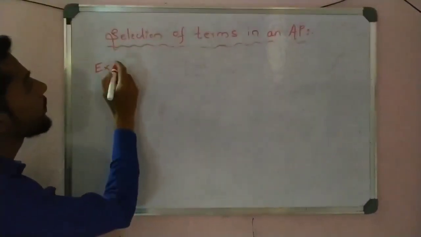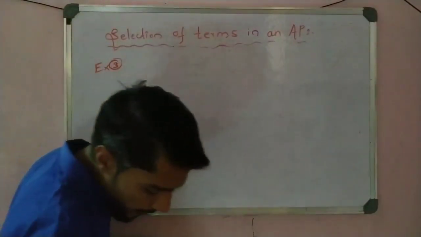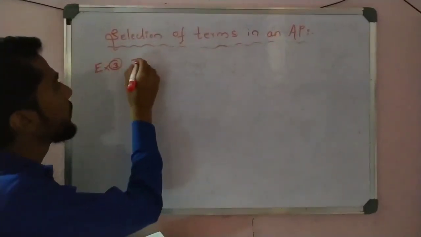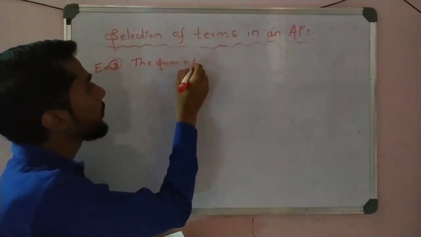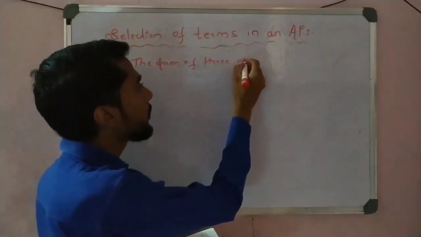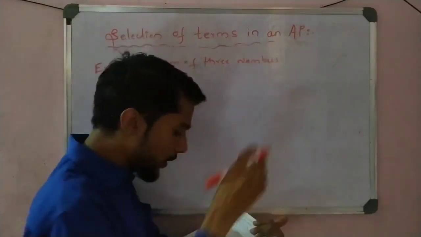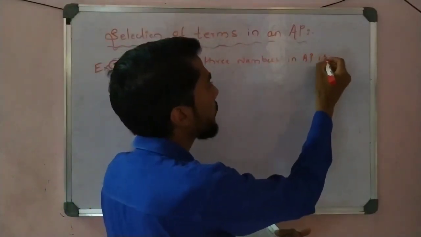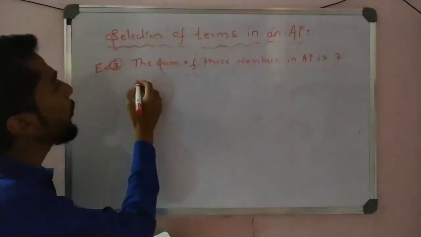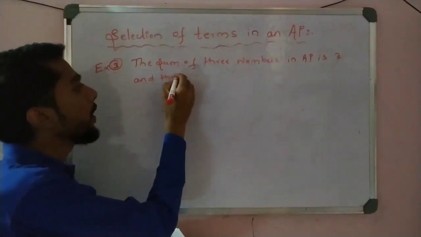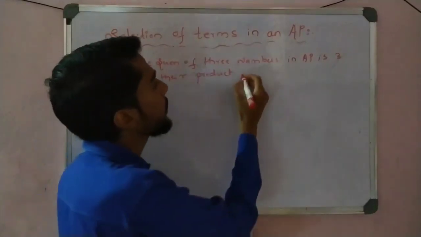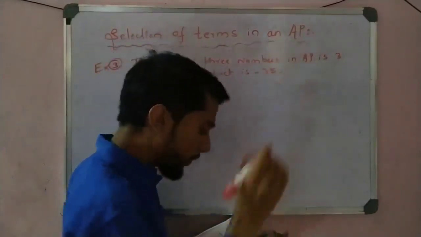Example number 3: the sum of three numbers in AP is 3, and their product is minus 35.